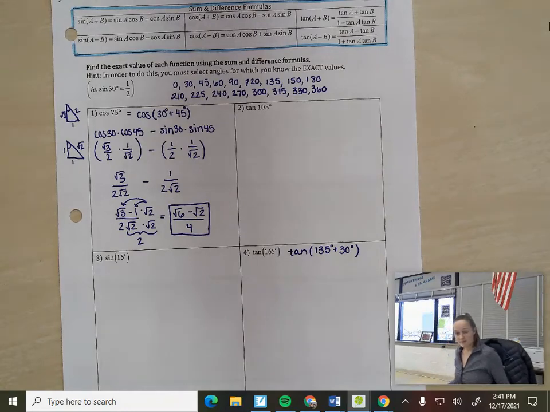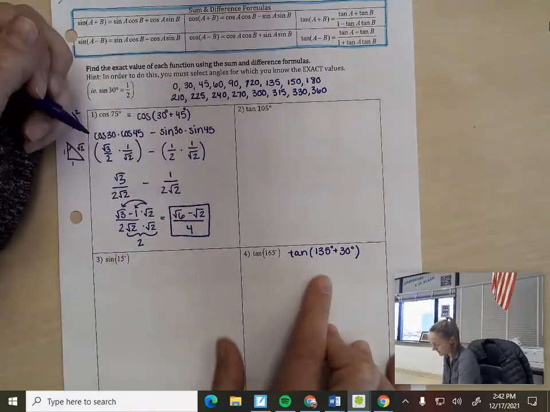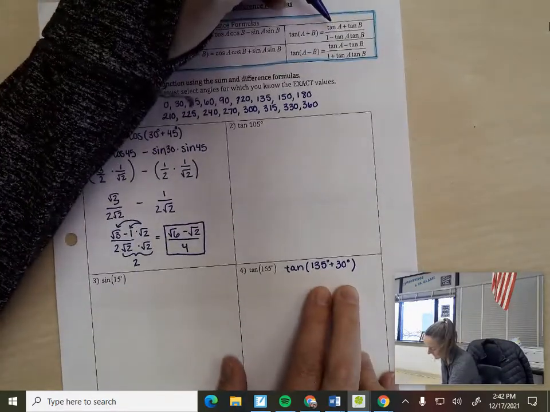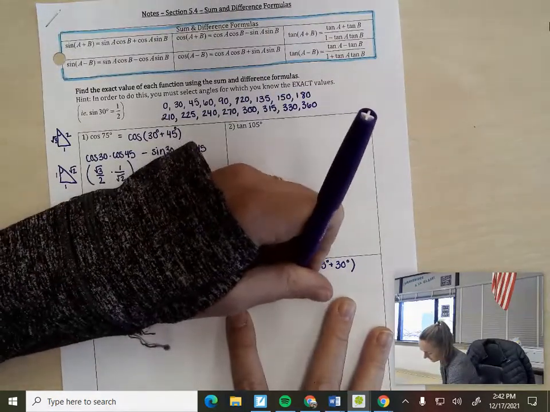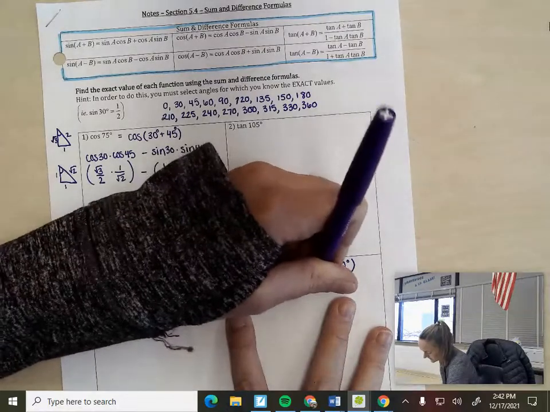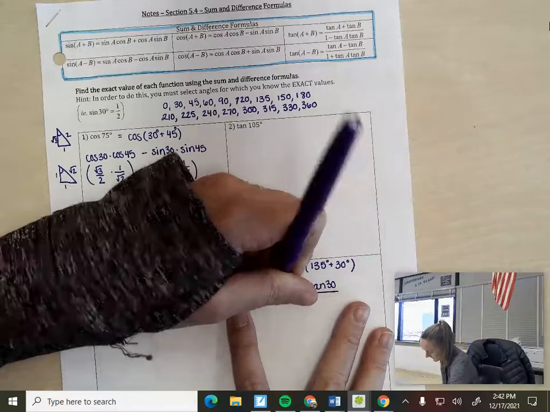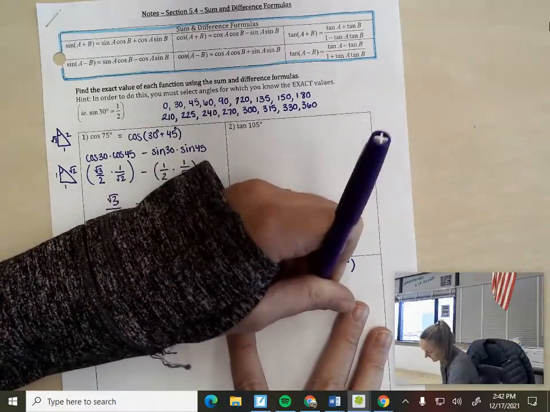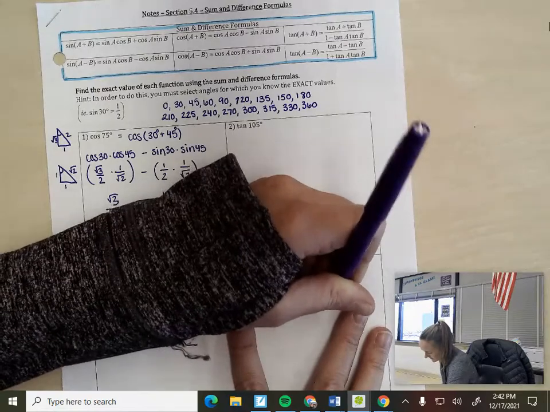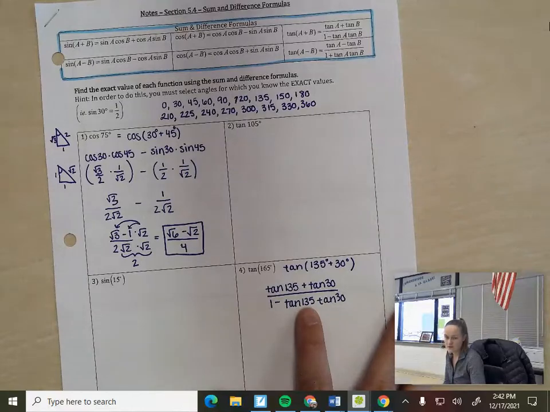I'm going to use 135 as my A and 30 degrees as my B. So, using this formula up here, I end up with tangent of 135 plus tangent of 30 over 1 minus tangent of 135 times tangent of 30. So now 135, I need to figure out what that is.